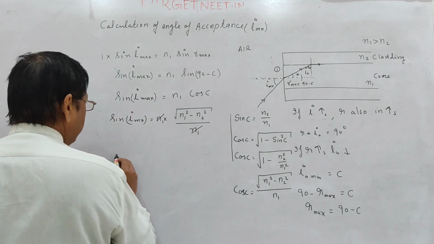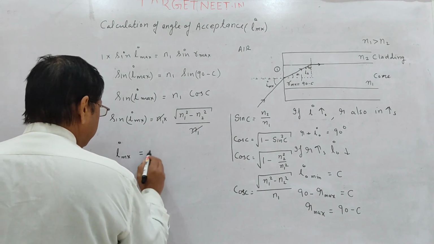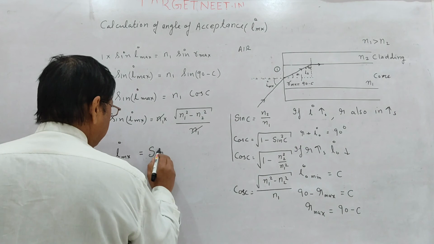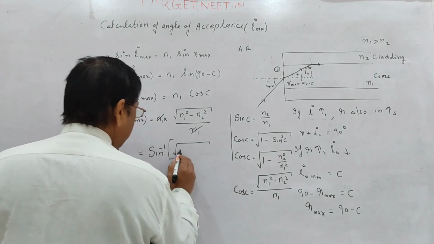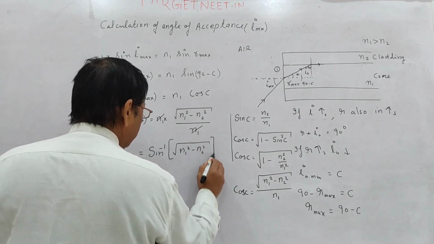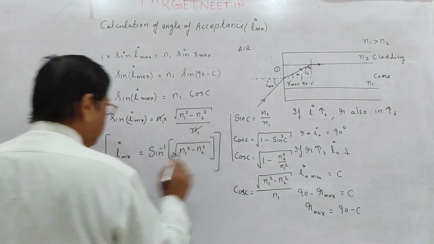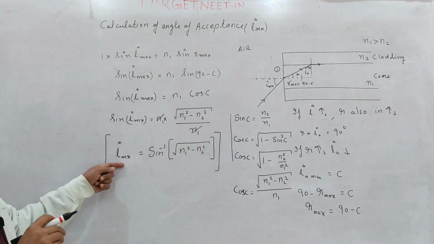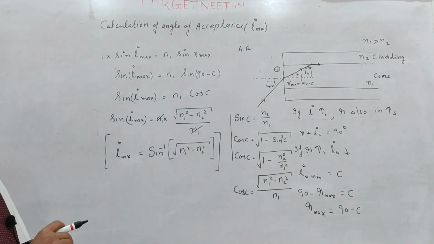So I max, that is the angle of acceptance, is sine inverse under root N1 squared minus N2 squared. So this is the maximum angle at which you should make light incident on the optical fiber so that total internal reflection occurs at the core-cladding interface.